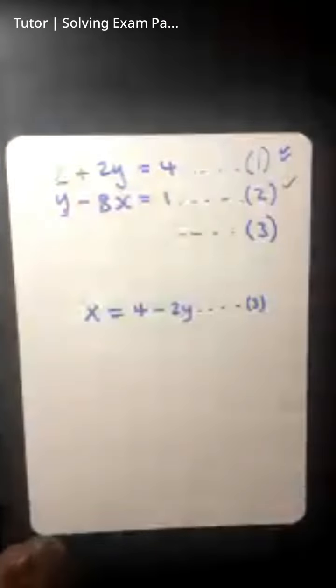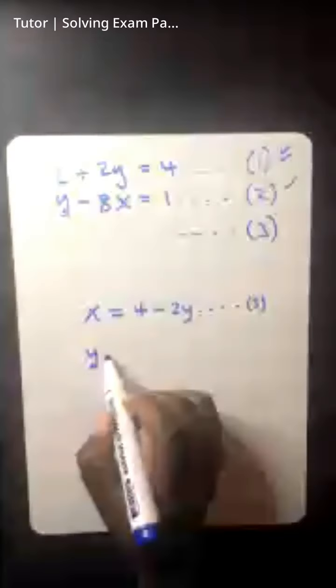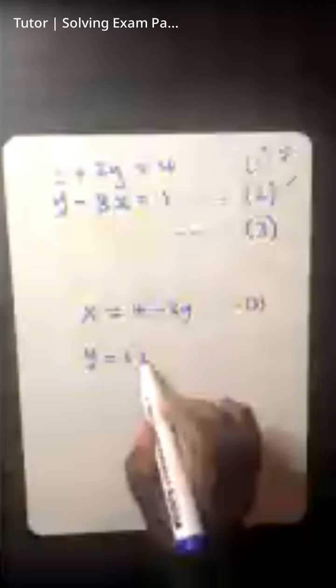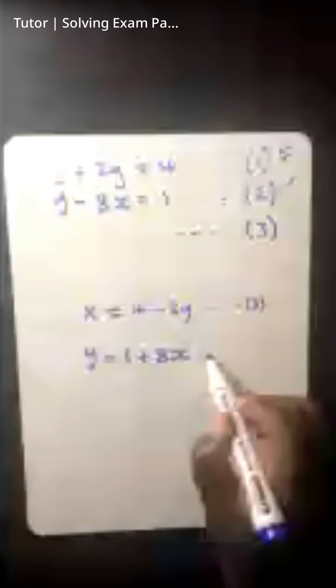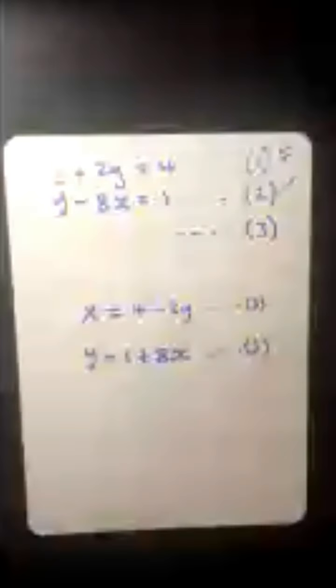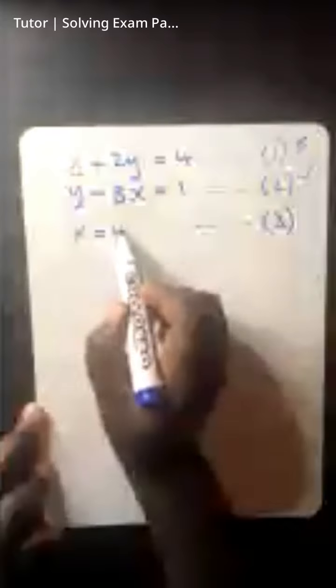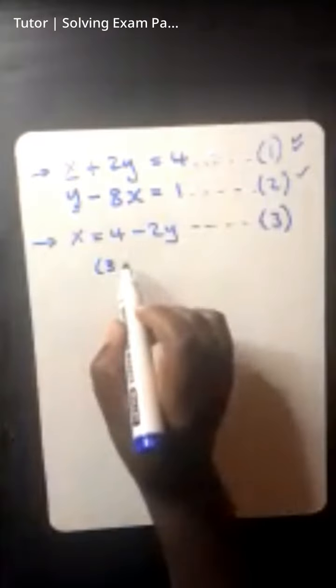That's how you derive it. So equation number 3, derived from equation number 1, means x is equal to 4 minus 2. Okay, so now what else do we do? We need to substitute equation number 3 into equation number 2.